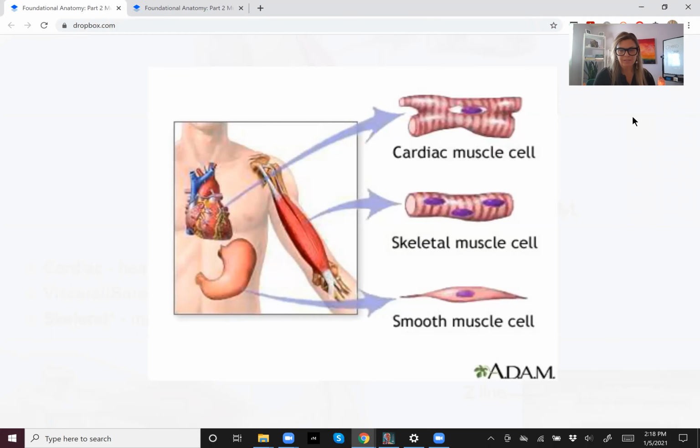The best example of this is in our GI system with our small intestines and large colon, the small and the large bowel. There's a process called peristalsis, and we'll talk about this when we get into the GI system. But peristalsis is this movement of the muscle of those organs to help facilitate digestion and movement of the food through our body so we can digest it and then eventually eliminate it.